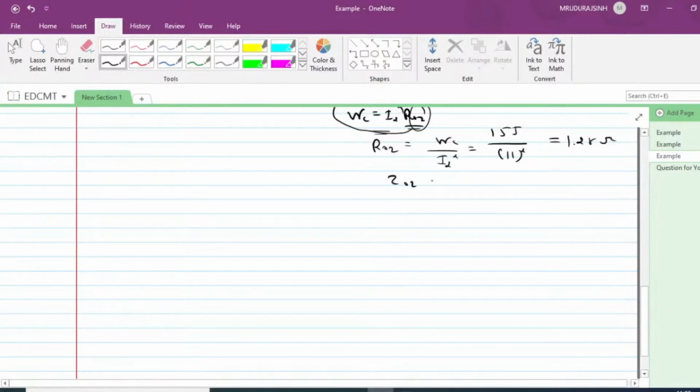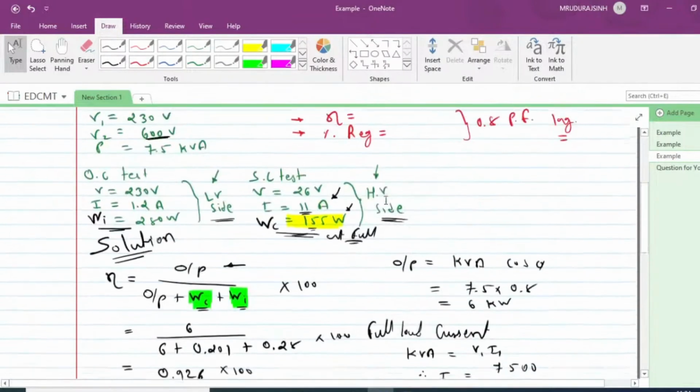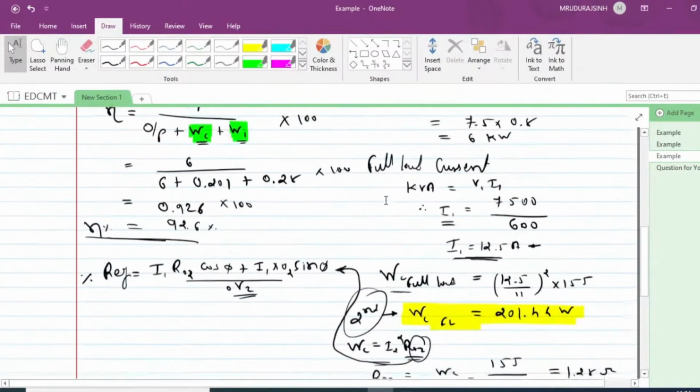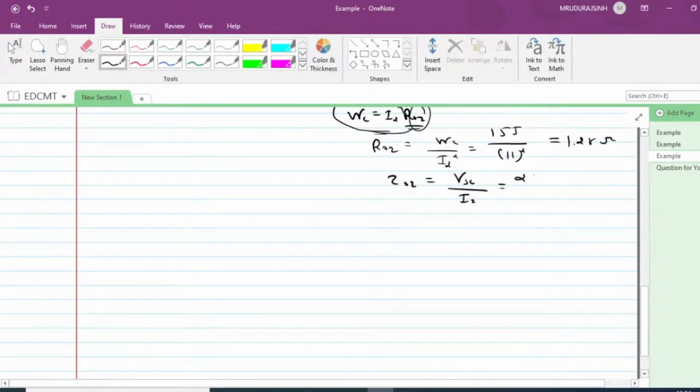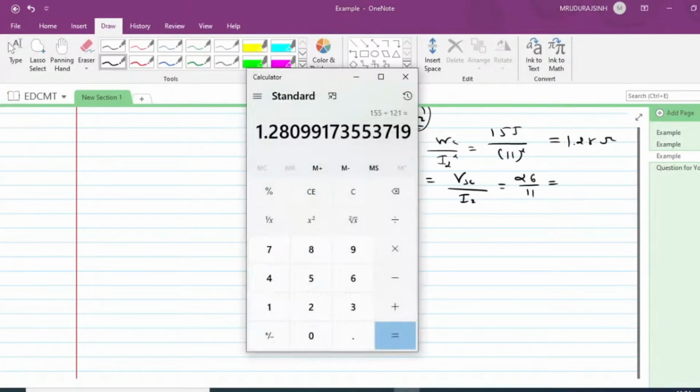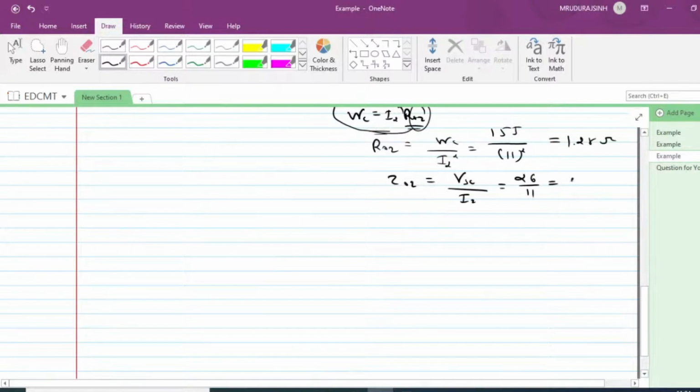Now we will go for Z02, because from Z02 we will calculate X02. So Z02 is VSC divided by I2, and the short circuit voltage is 26 volt and I2 is 11. So 26 by 11 gives us 2.36 ohm.